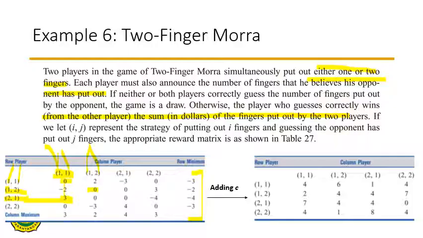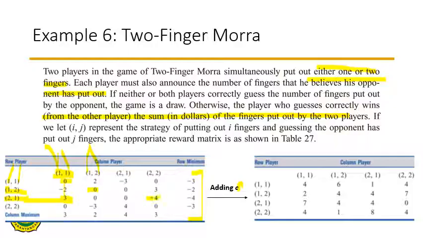Okay, so this is the reward matrix, and you see that in this game there is no saddle point. Before we proceed, to make sure that we do not have a negative reward for either row or column player, we add the constant C, which is the absolute value of the most negative amount.